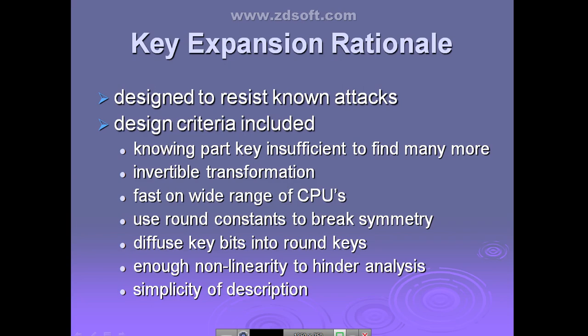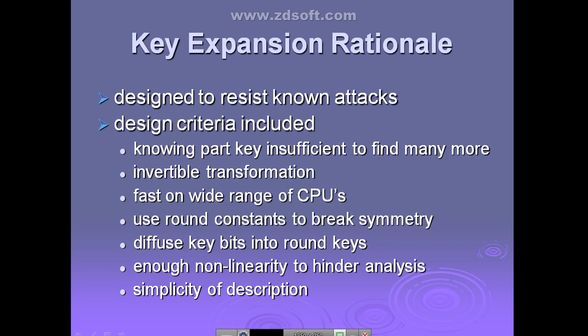And the design criteria included within the key expansion: knowing part of the key is insufficient to find the many more, because you are expanding 4 words to 32-bit words. Only if you know part of the key, is it possible for you to decrypt the message? No, right? So knowing part of the key is insufficient to find the many more.